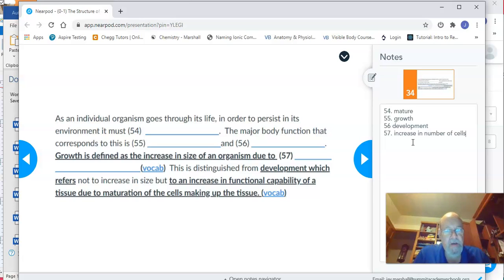So we change or increase the functional capability of tissues due to maturation of cells making up that particular tissue. Okay, so I grow, I increase the number of cells, but not only do I increase the number of cells, I increase the ability of them to do different things. That's development. Okay, so it's growth and development.